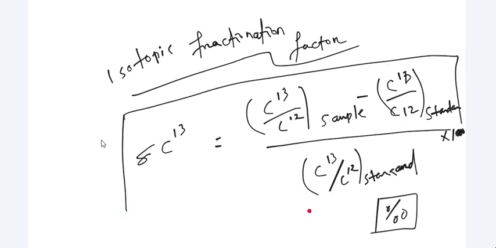And what is the standard for it? Anyone? No, no, small. Previously we were using a different standard, but now we are using PDB. The standard for C13 is PDB.